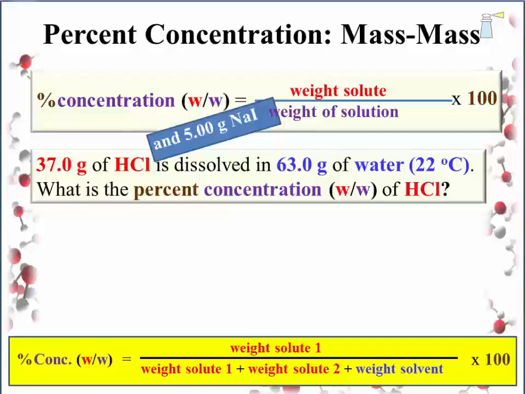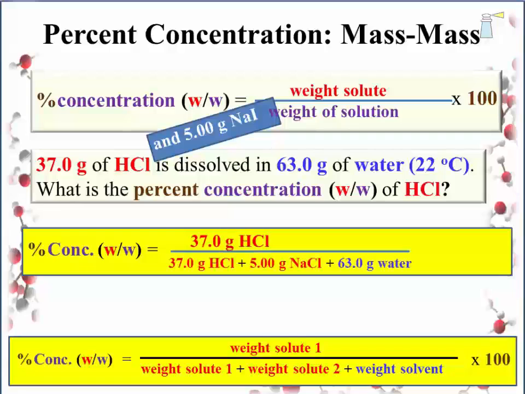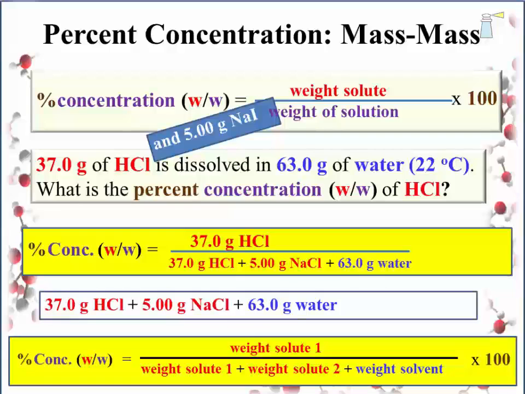Essentially, this new problem is solved the same way as the previous one. The equation begins with the weight of the solute HCl. If the question asks for the concentration of sodium iodide, its 5.00 grams would need to be added here instead. The denominator of the equation has the weights of both solutes and the solvent. The full weight of the solution is 37.0 plus 5.00 plus 63.0 for a value of 105 grams.